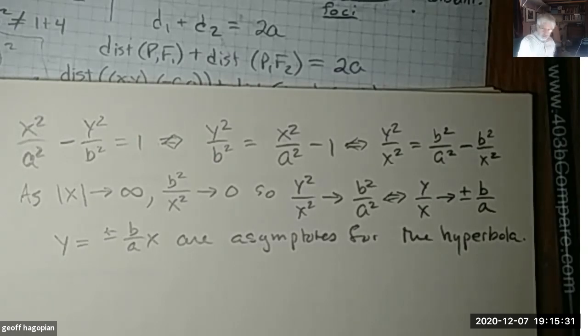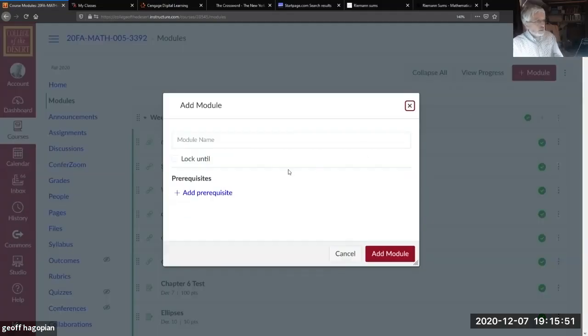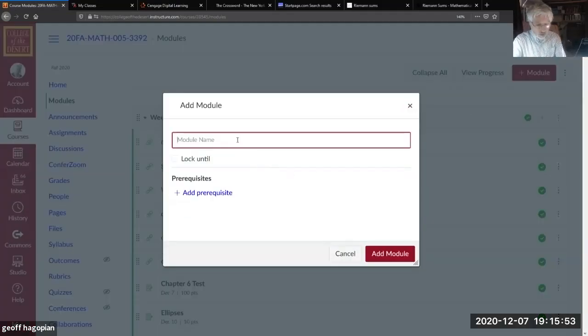Now let's put that on hold and go to the question at hand, which is question number 3 on the exam. Let me see if I can bring that up so we can look at it. I think the exam is available. Oh, so this is week 14 still. I meant to add a new module here. So we add a module for week 15.